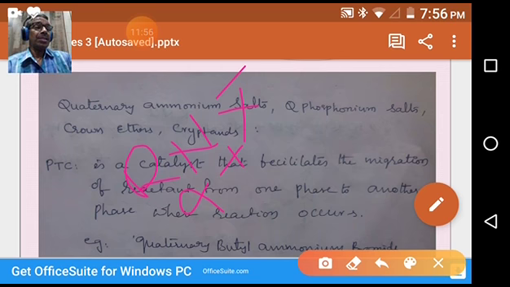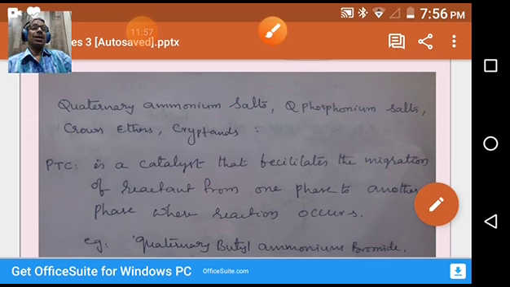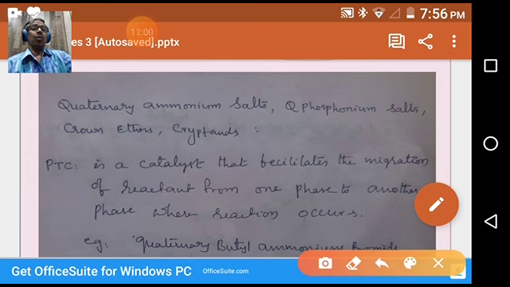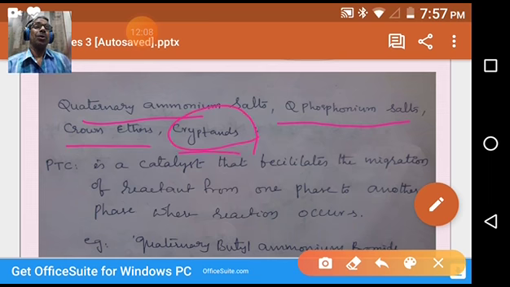Not only this, there are also quaternary phosphonium salts, crown ethers, and cryptands. So all these classes of compounds act as phase transfer catalysts.